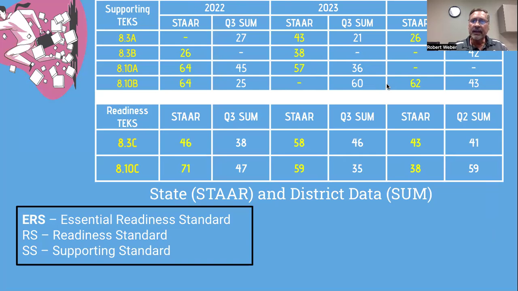On the 2 readiness TEKS, you can see our summatives have been a little bit lower than the STAAR data. We've done very well on 8.10C in the past with some decent STAAR numbers, but it's been a huge decline now. So that's one we want to reverse that trend. Whatever we were doing 2 years ago, or whatever the question was, we did well.